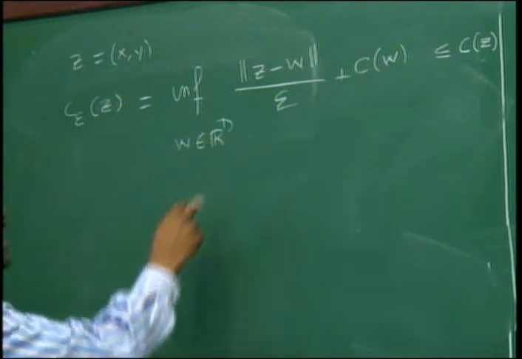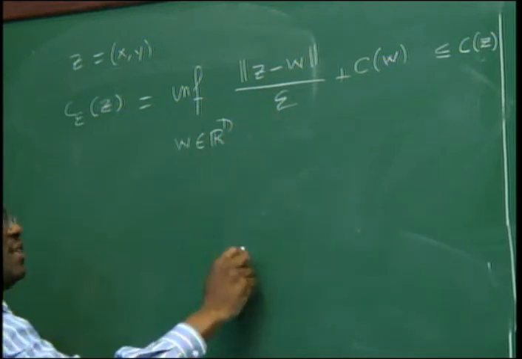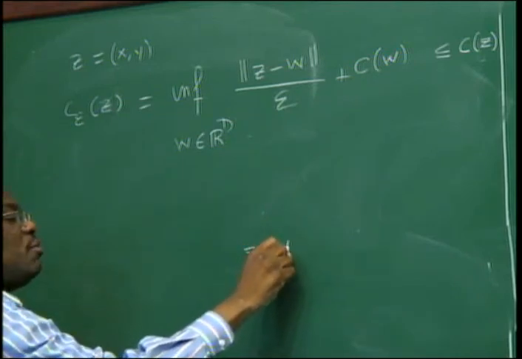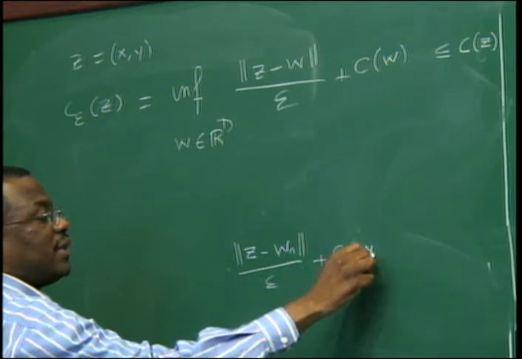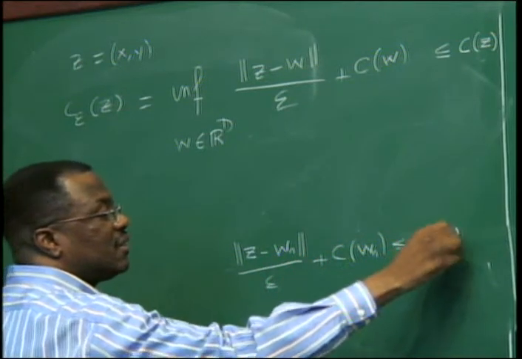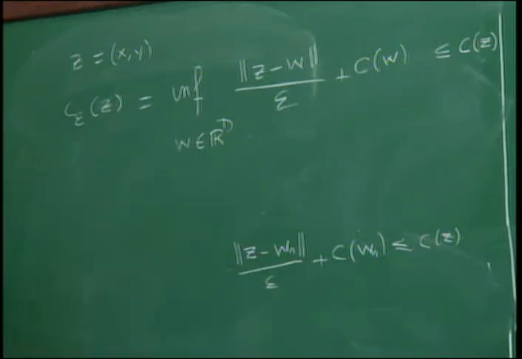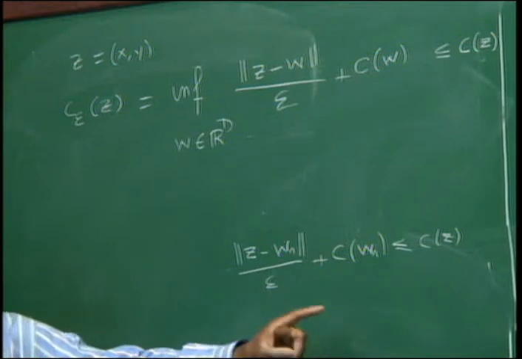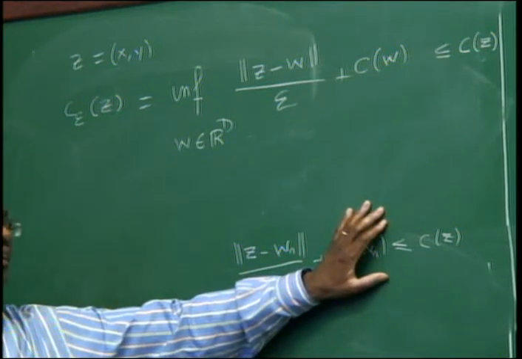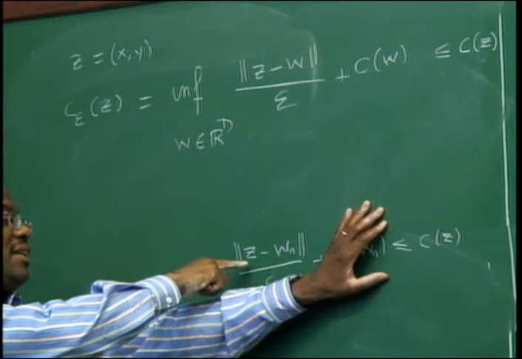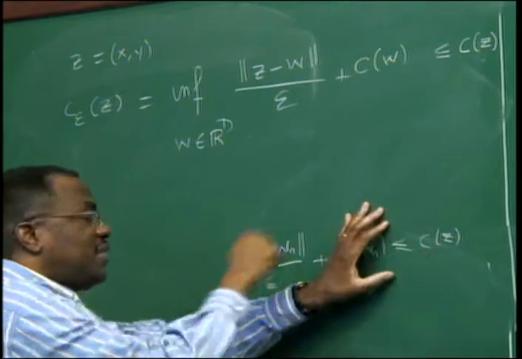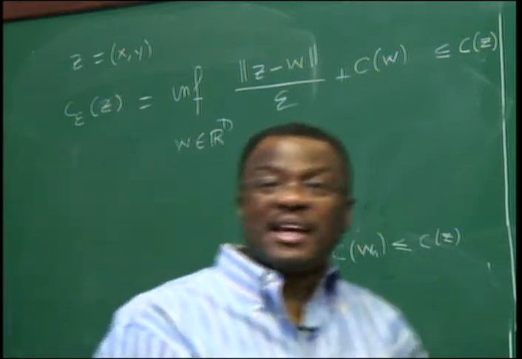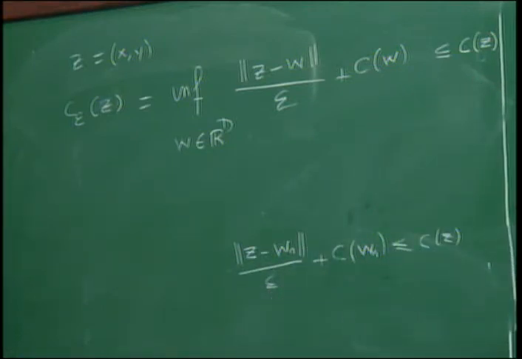Now, if you take a minimizing sequence for epsilon fixed, you'll have the norm of z minus Wn over epsilon plus C of Wn less than C of z. Assume that C is bounded below, which is like replacing it by a constant. I see immediately that the norm of z minus W will be less than C of z minus a constant, times epsilon. And so any minimizing sequence Wn is automatically bounded.